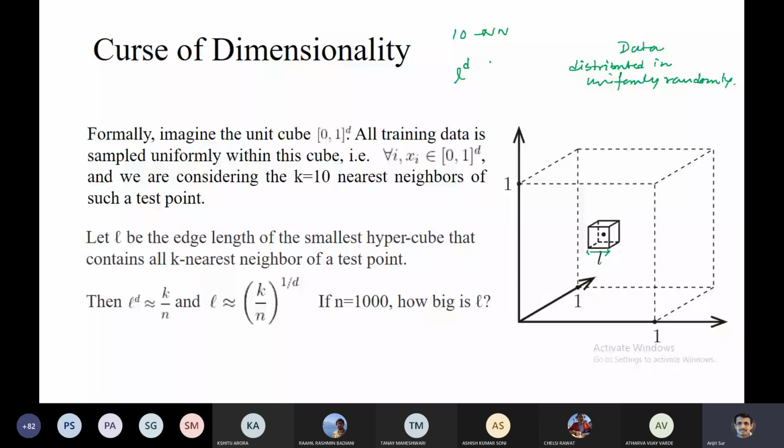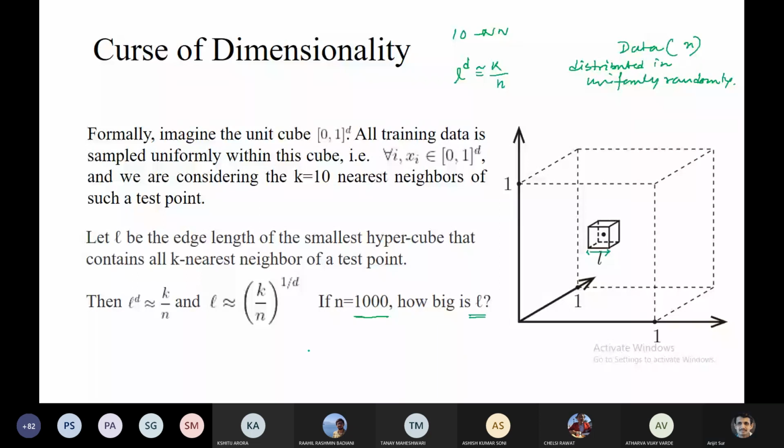Definitely, if the points are uniformly distributed, the fraction of points within this cube is K, the number of neighbors, divided by N, the total number of data points. It is most likely K by N. Now if N is equal to 1000, how big is this L?